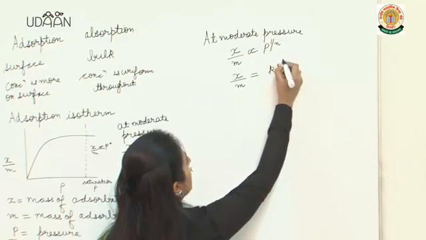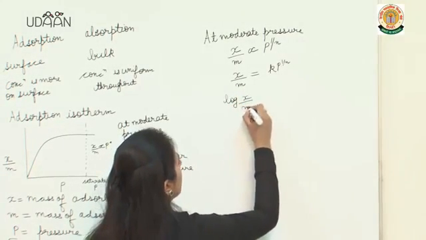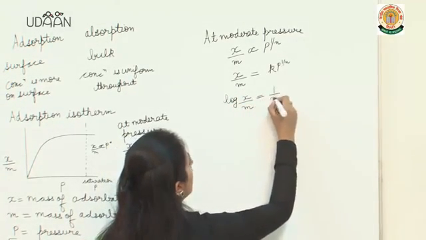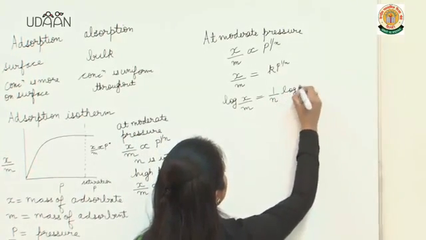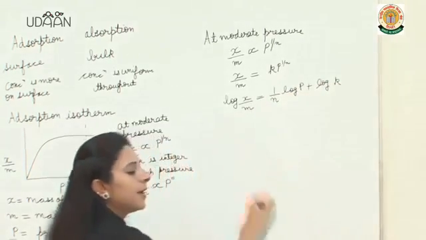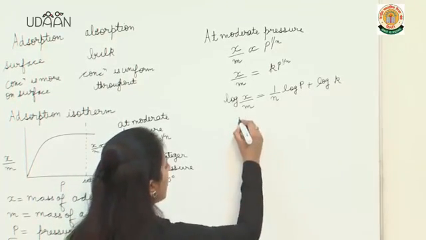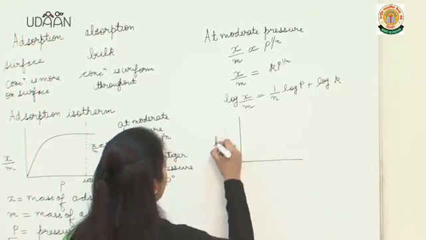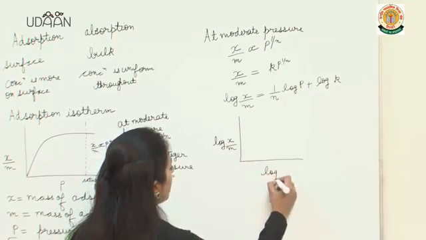Now, when I take log on both sides, I will get log x by m is equal to 1 by n log p plus log k. Now, when I compare it with an equation of a straight line, that is y is equal to mx plus c, I plot a graph of log x by m versus log p.